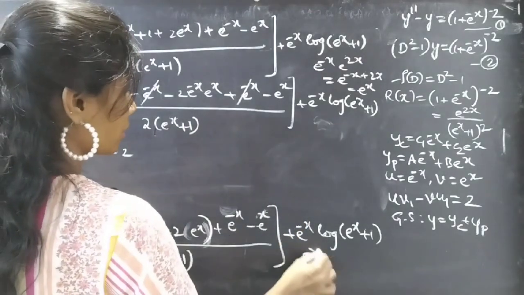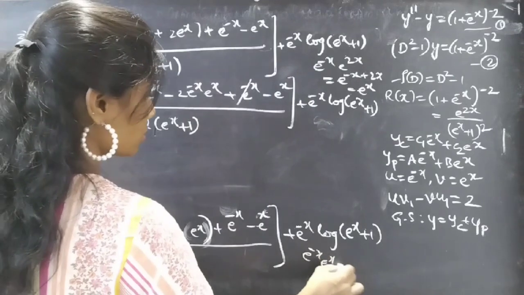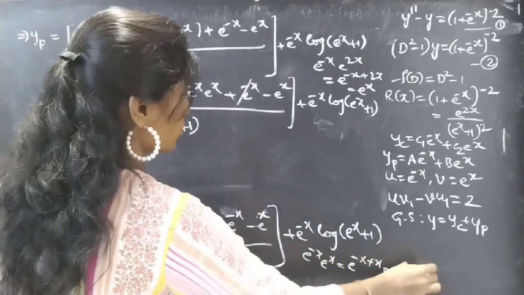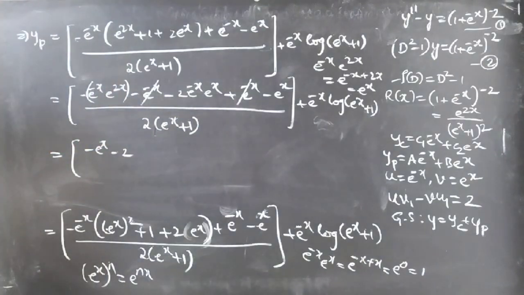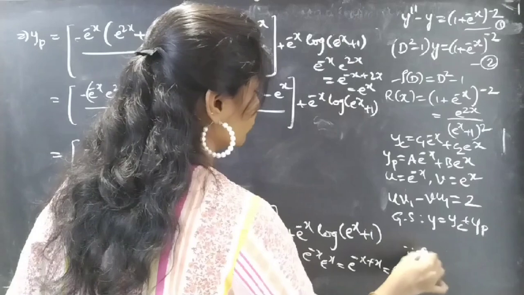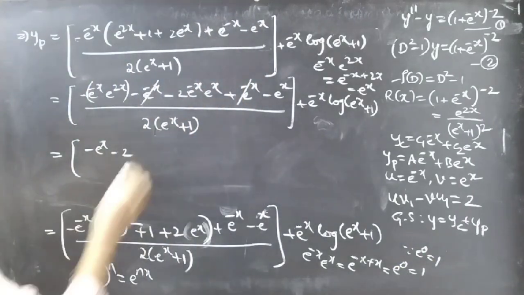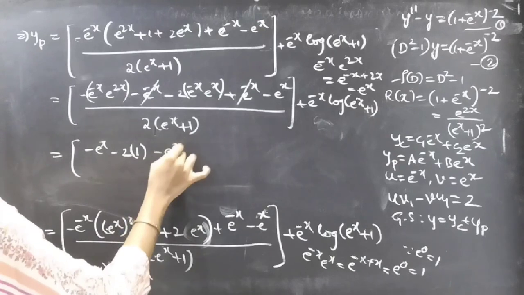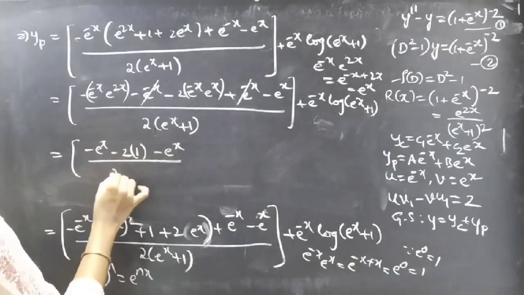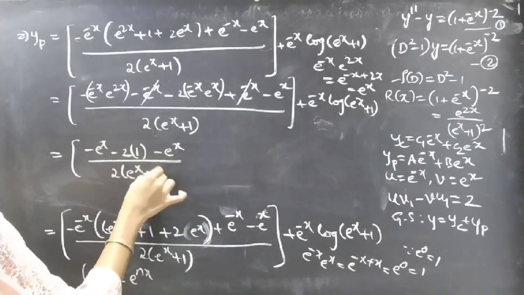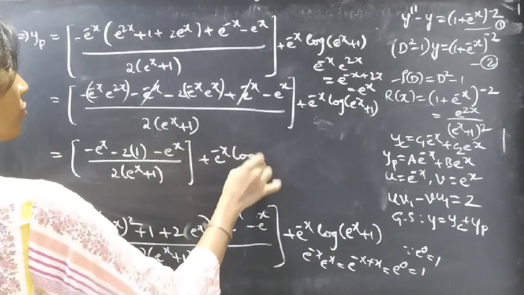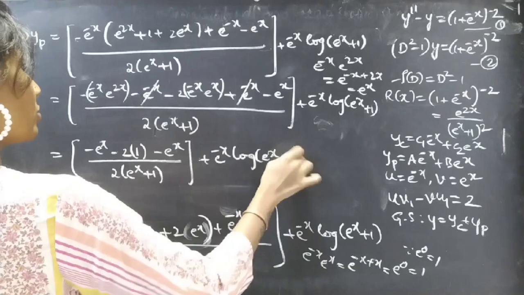We have e power minus x into e power x, which is equal to e power minus x plus x, equal to e power 0. Since e power 0 is 1, you'll get e power minus x into e power x is 1. So you can replace this with 1, 2 into 1, minus e power x by 2 times (e power x plus 1), plus e power minus x log of (e power x plus 1).